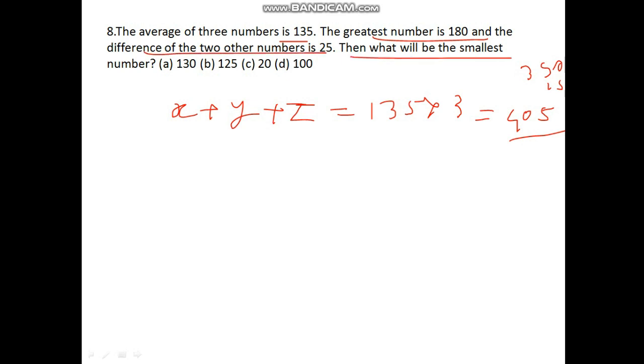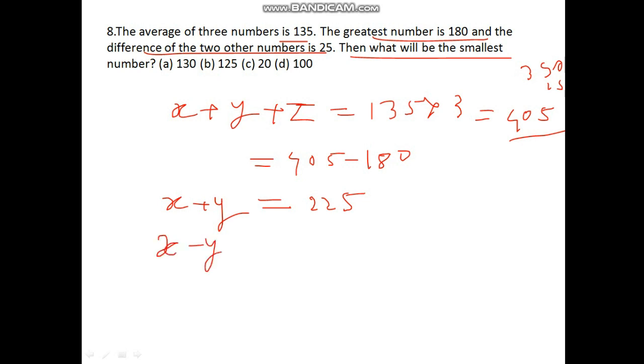Very easy question. If we consider Z is the greatest number, then the summation of the other two numbers is this. Here another piece of information is the difference between the other two numbers is 25.